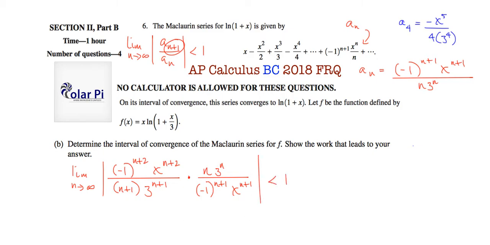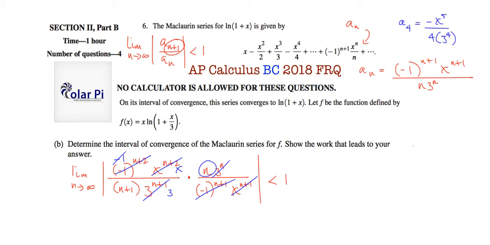And hopefully a lot of stuff simplifies, and it does. For example, this 3 to the n and that 3 to the n plus 1 turn into a 3 in the denominator, otherwise everything else disappears. Then these two cancel to a -1 upstairs, but because of the absolute values, I don't even have to worry about that -1. And then these two cancel into an x, so we just have that left in the numerator and the denominator, along with that 3.